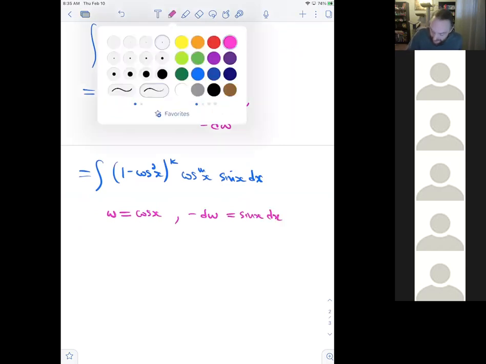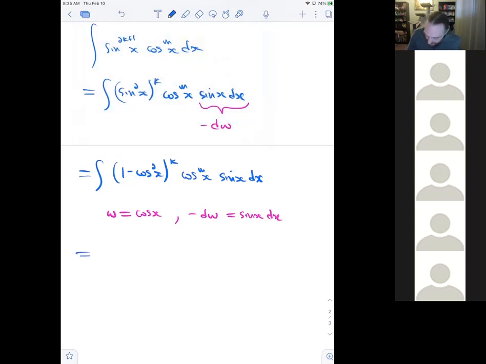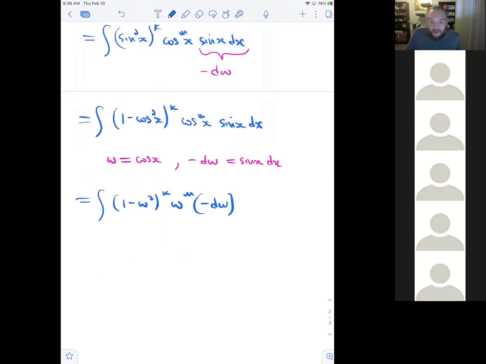And then I have exactly substitution. This will equal the integral of 1 minus w squared to the power k, w to the m times negative dw. Then we're off to the races. We just use FOIL and then we're done. But this is the way to get the substitution to get to the power rule, essentially.